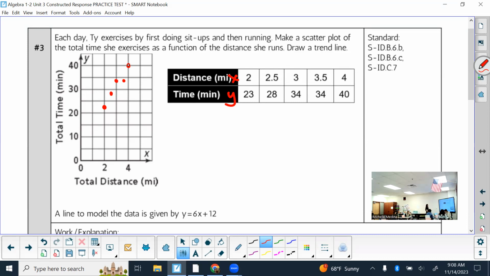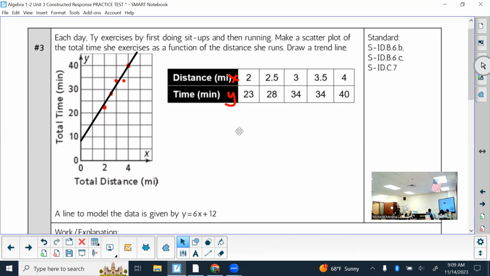So if it were me, I would use my line tool, but you guys would just have to try to make as straight of a line as possible where it looks like your points are clustered around it. So probably something like this. Kind of moved it a little bit. Let me try adjusting. Okay, I think that looks good.